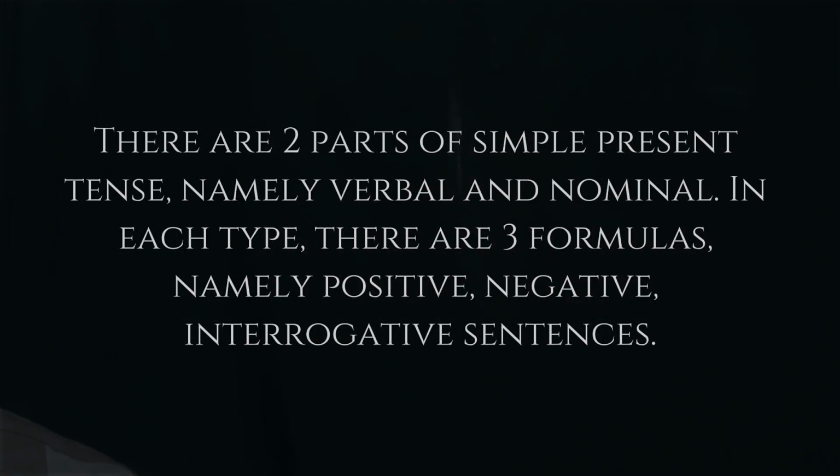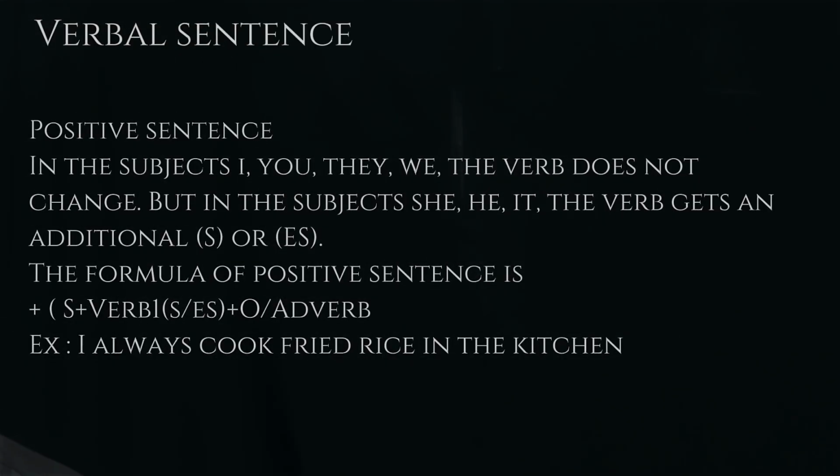There are two parts of simple present tense, namely verbal and nominal. In its types, there are three formulas, namely positive, negative, and interrogative sentence. Okay, we will go to the verbal formula first. For the subjects I, you, they, we, the verb does not change.